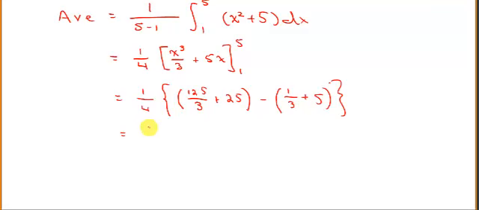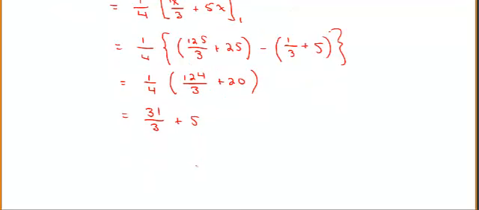So what will we have here? We'll have 1/4 times 125 over 3 minus 1/3, which is 124 over 3, plus 25 minus 5, which is 20. Multiplying through by 1/4, 4 goes into 124 31 times. So that'll be 31/3 plus 5, and 5 is 15/3.